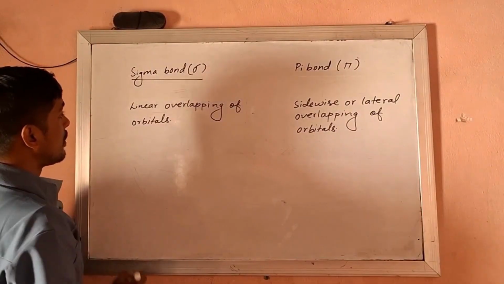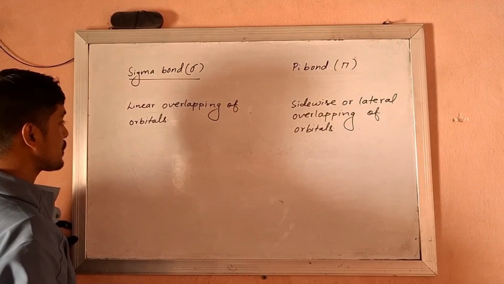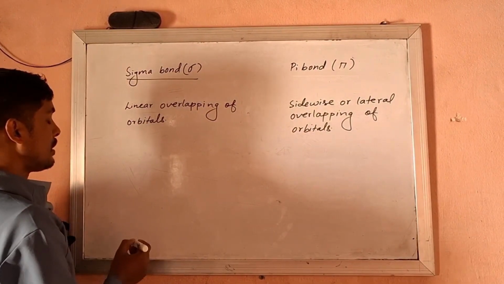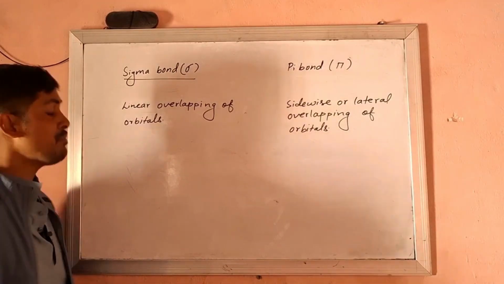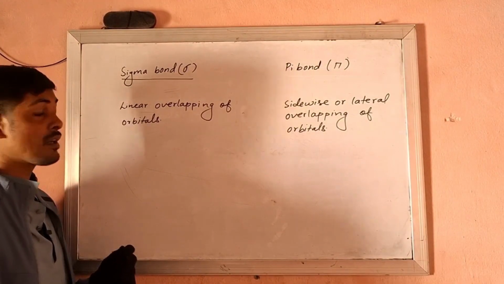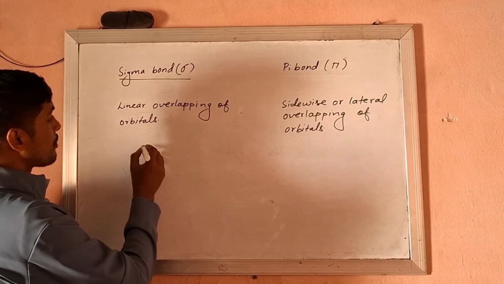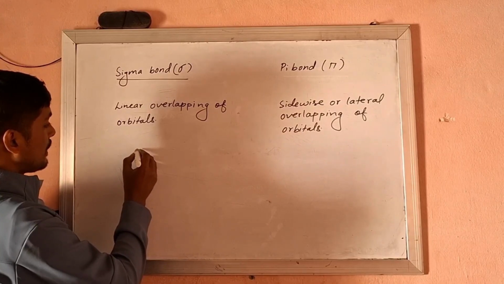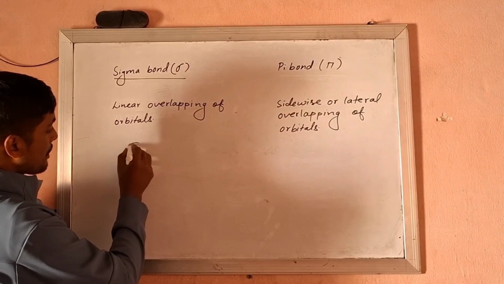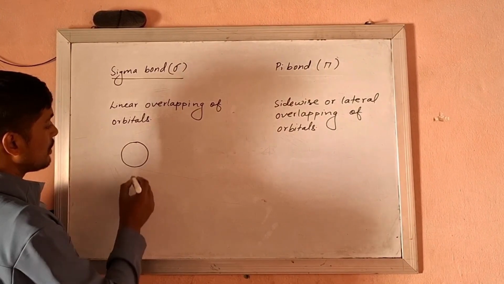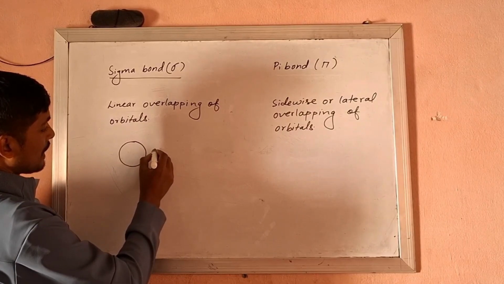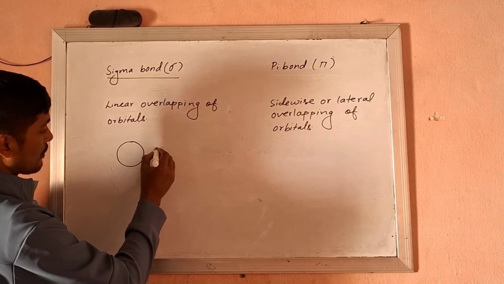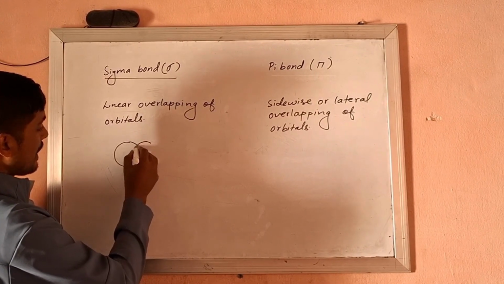In linear overlapping of orbitals, suppose we have two atoms. In those two atoms, we have two overlapping orbitals. Let's say this is one s orbital of an atom, and there is another s orbital.